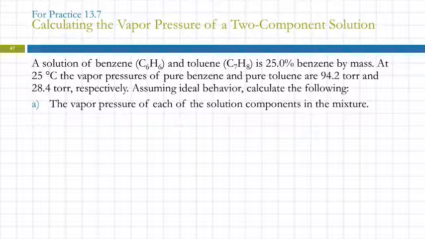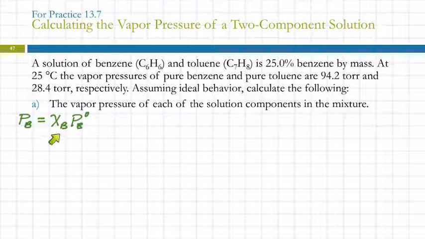Okay. Well, we're going to use Raoult's law. It says assume ideal behavior, so we can assume that it follows Raoult's law. So let's look at maybe the benzene first because it's mentioned first. The partial pressure of the benzene above this solution is going to be equal to the mole fraction of benzene times the vapor pressure of pure benzene.